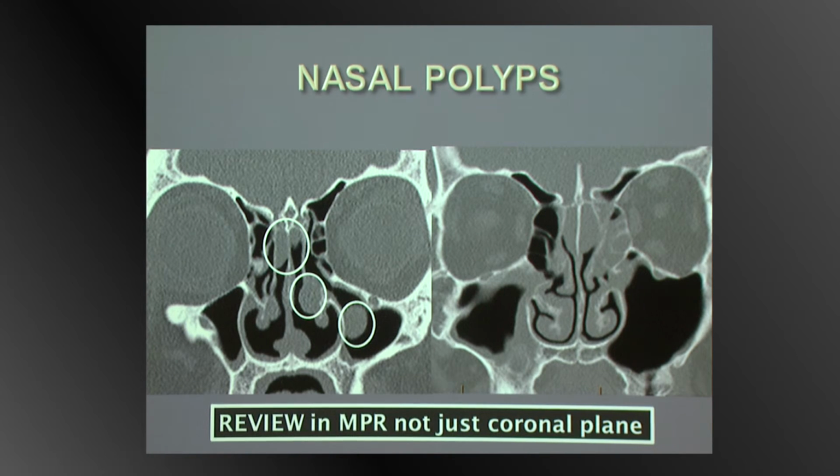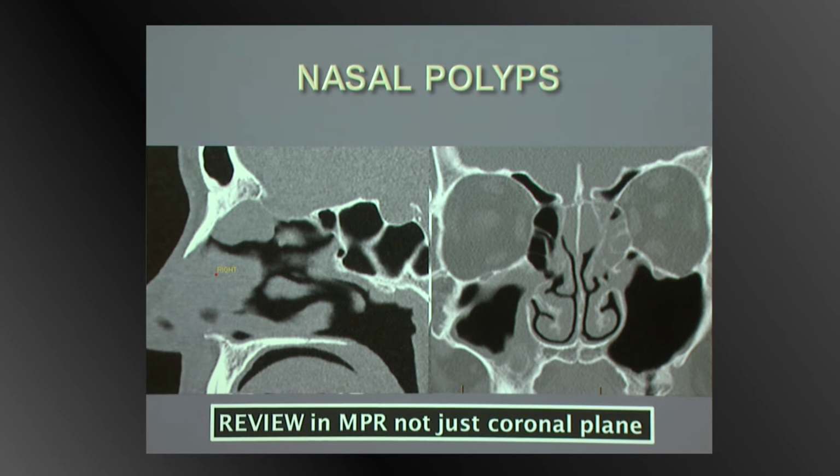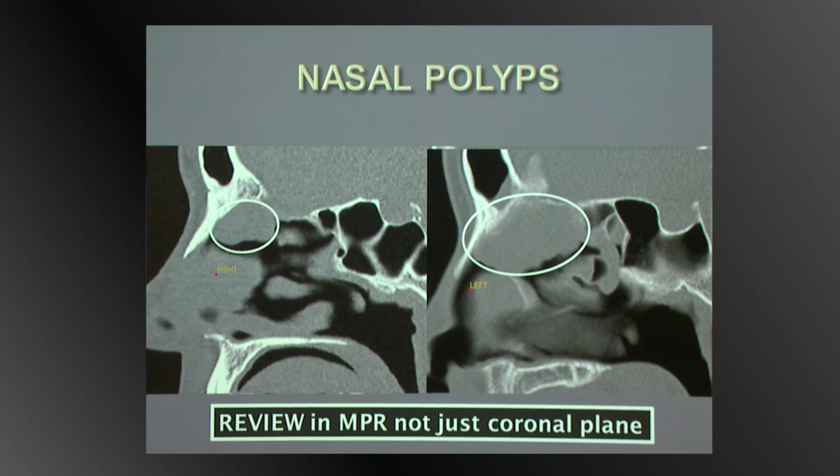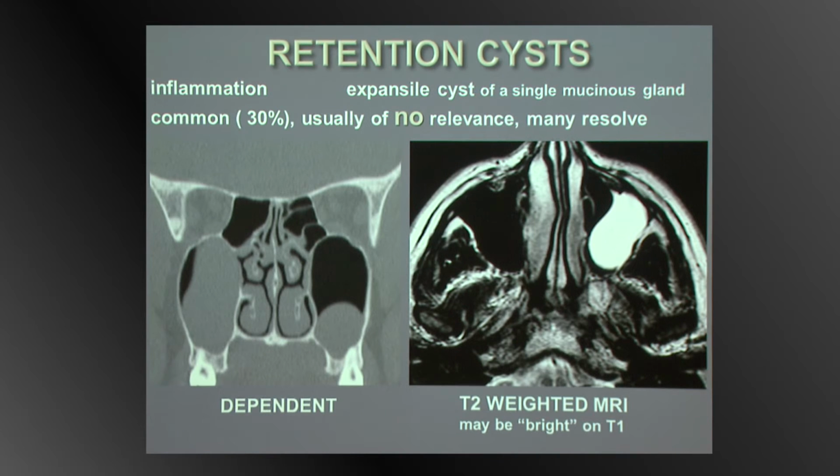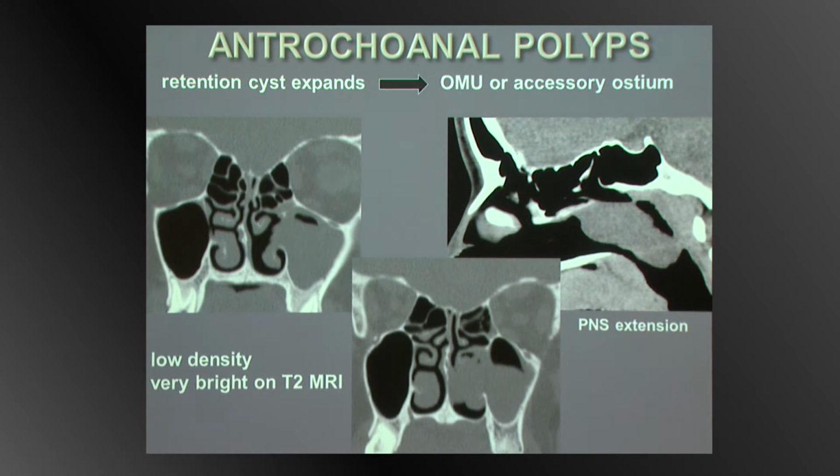And I review them in multiple planes, not just the coronal plane. It's amazing how often you do a sagittal and you can see more polyps than you could before. Retention cysts, obstruction of a single gland, they're dependent, they're water, but they may actually be proteinaceous as well, usually of no relevance. Antrochoanal polyps.